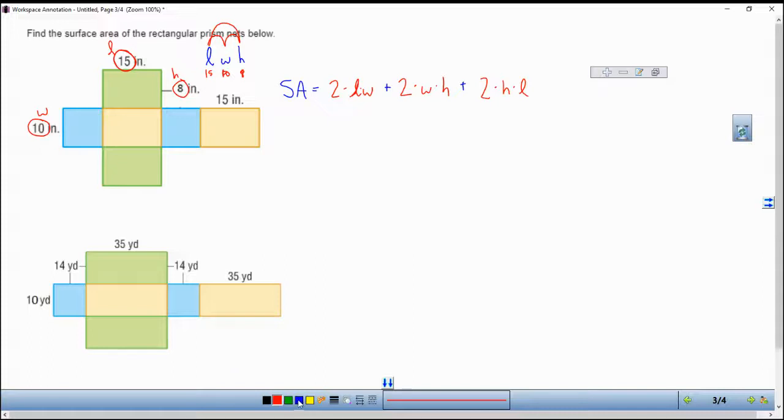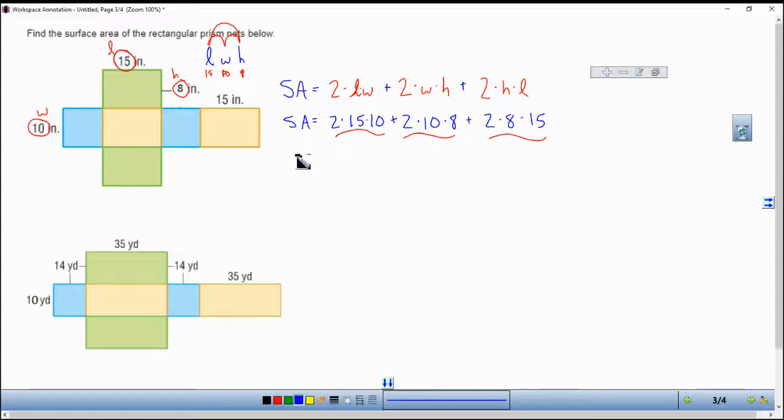So now we're going to substitute our numbers, and then we'll multiply and see what we get. So it's going to be 2 times length is 15, the width is 10, plus 2 times the width is 10, the height is 8, plus 2 times the height is 8, and the length is 15. And now I'm just going to swoop these just to show you what I'm multiplying here.